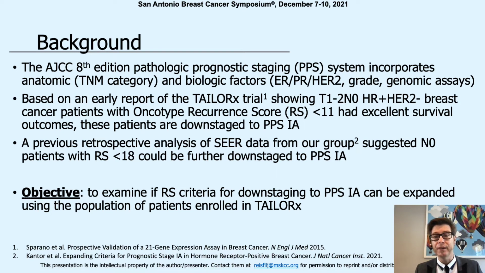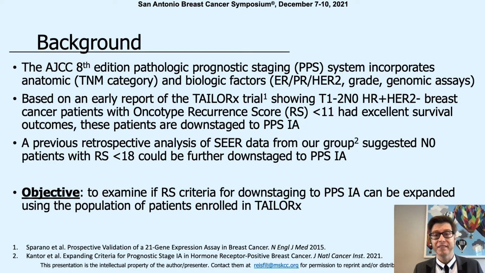Based on a previous analysis of the TAILOR-RX trial, it has become apparent that patients who have an Oncotype recurrence score less than 11 can be downstaged to PPS 1A. And a retrospective analysis carried out by the investigators supported the notion that perhaps a recurrence score less than 18 would also allow for a downstaging to PPS 1A.